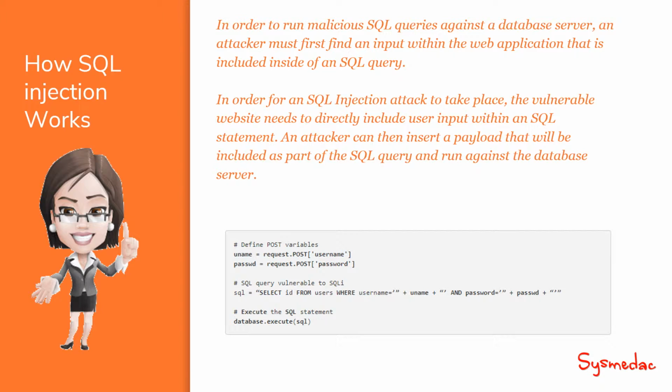In order to run a malicious SQL query against a database server, an attacker must first find an input within the web application that is included inside an SQL query. An SQL injection attack takes place when the vulnerable website directly includes user input within an SQL statement, and then the attacker can insert a payload that becomes part of the SQL query, runs against the database, and steals your credentials or data.